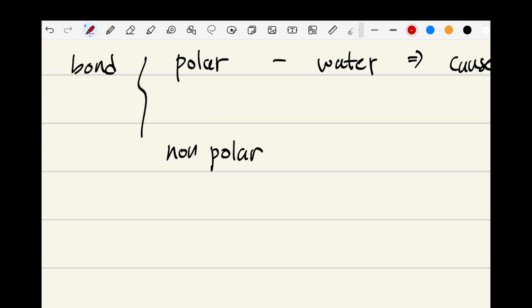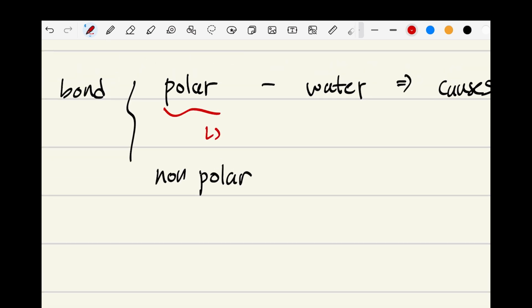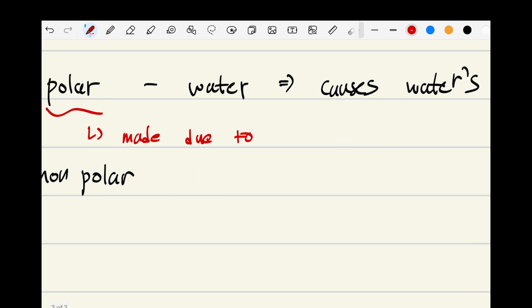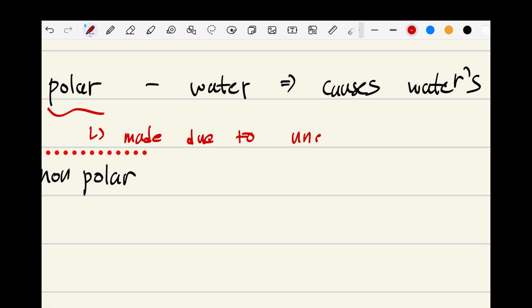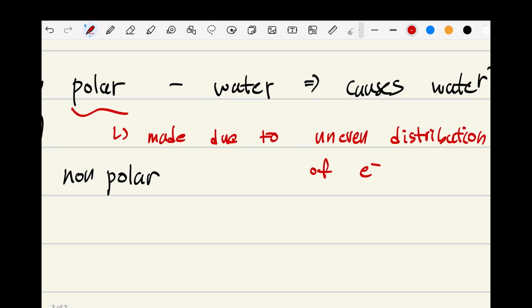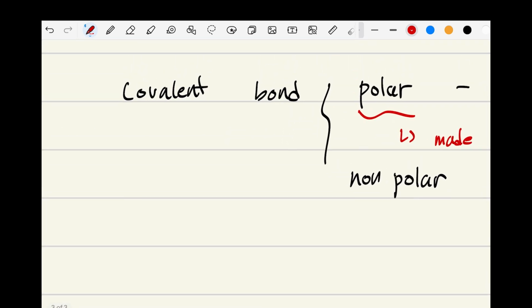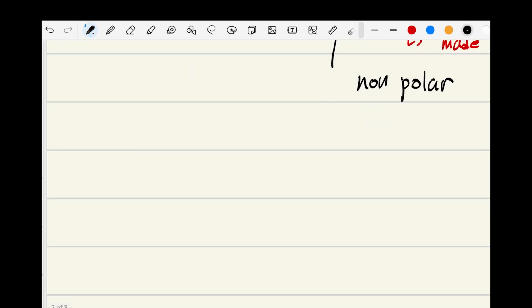And these kinds of polar bonds are made because of uneven distribution of electrons, which causes each part of the molecule to have a different rate of attracting electrons to it.